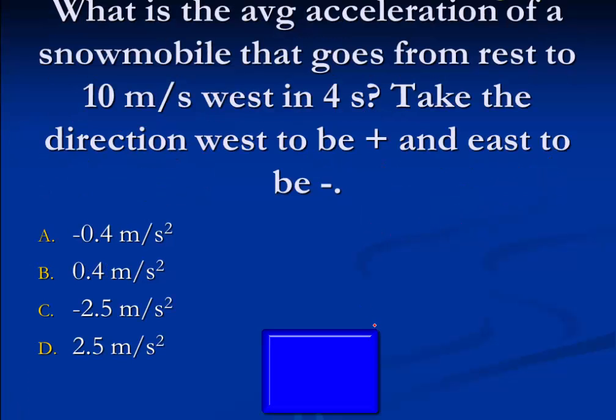So what is the average acceleration of a snowmobile that goes from rest to 10 meters per second west in 4 seconds? Take the direction west to be positive and east to be negative. So in this case, we're ending at 10 meters per second, and we started at 0 meters per second.